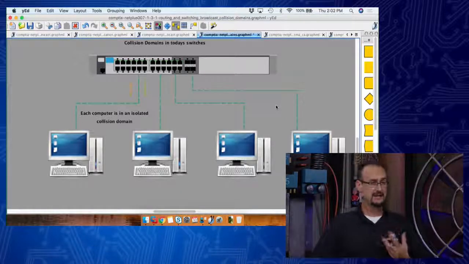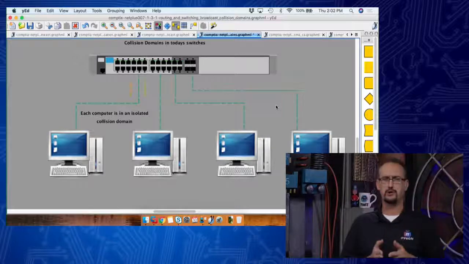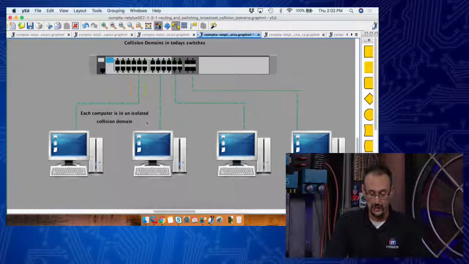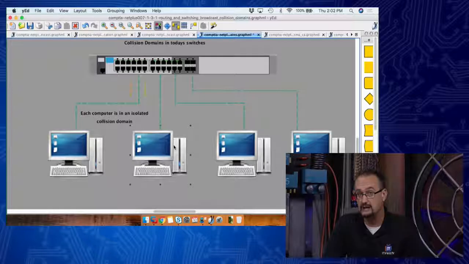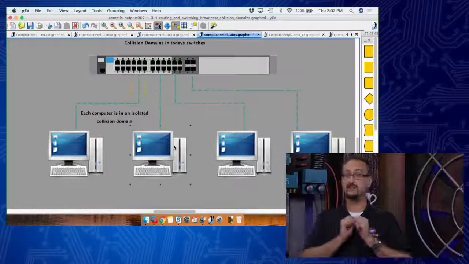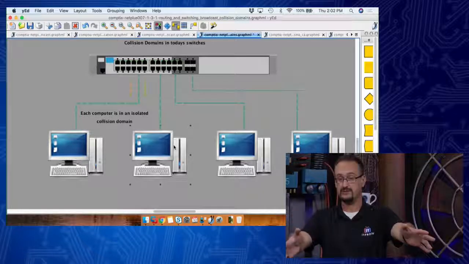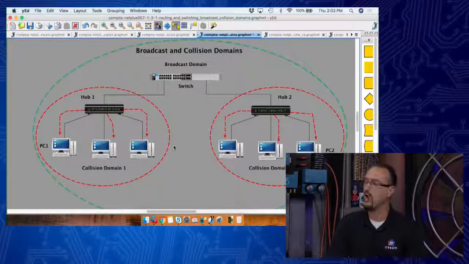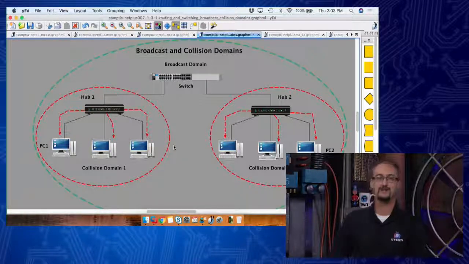So essentially what's happening is each computer is now on its own collision domain, but I want you to know that this would still be a single broadcast domain, right? According to the switch, if it sees an all F destination MAC address, it's going to send it to every computer that's connected to the switch, which is the larger portion, if you will. That's the broadcast domain. All right, so know a little bit of the difference between the broadcast domain and the collision domain.